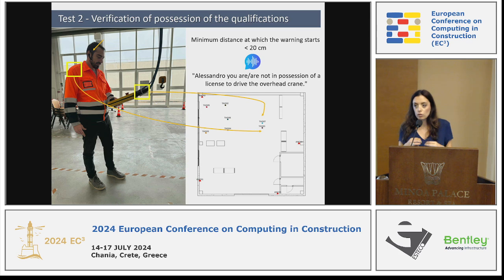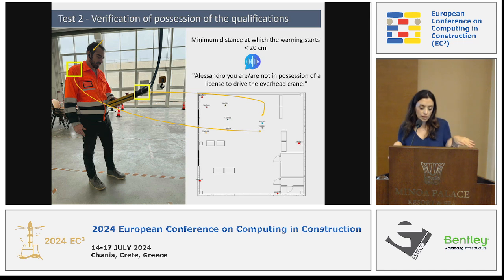When you are below 20 centimeters, the system is able to query the platform where all the information is inserted and, in case it doesn't find the right certificate to move the crane, says: Alessandro, you are not in possession of a license to drive the overhead crane.